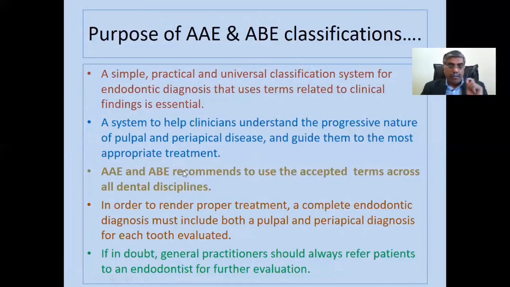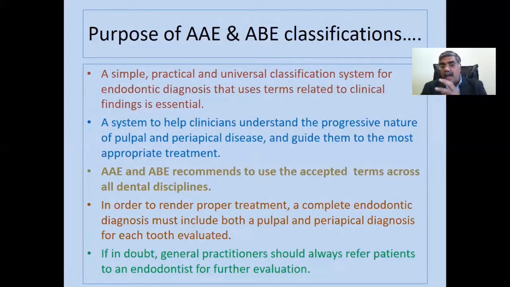Then the third intention was there should be accepted terms across all the dental disciplines. This is what I told you. We teach the undergraduate students in dental radiology, periapical granuloma.